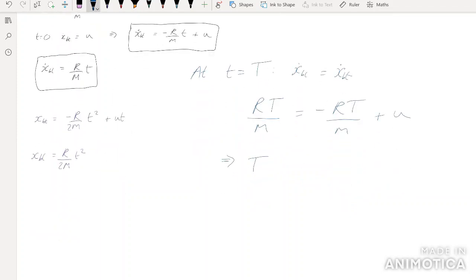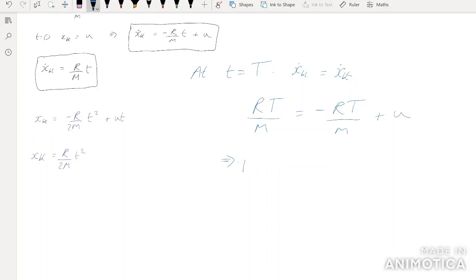So this has told us that T is equal to R brackets 1. Let's actually rearrange that. So what have we got?